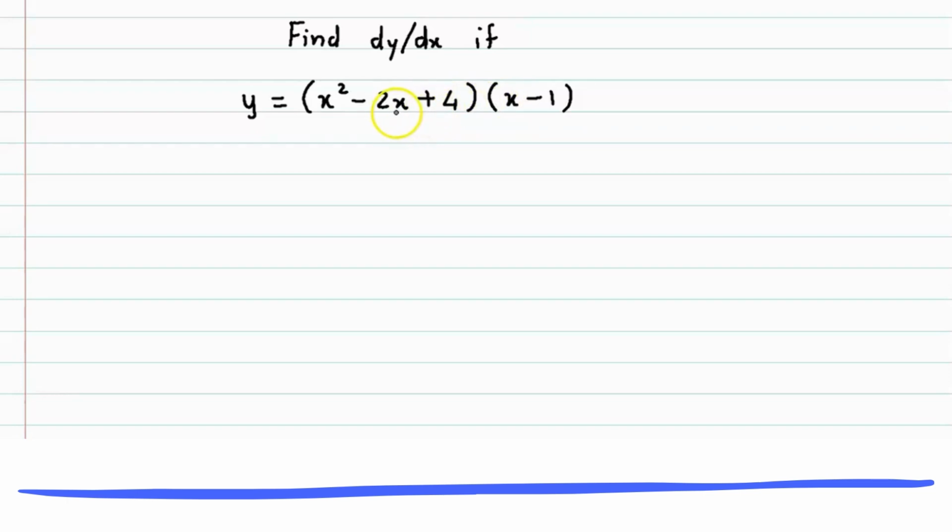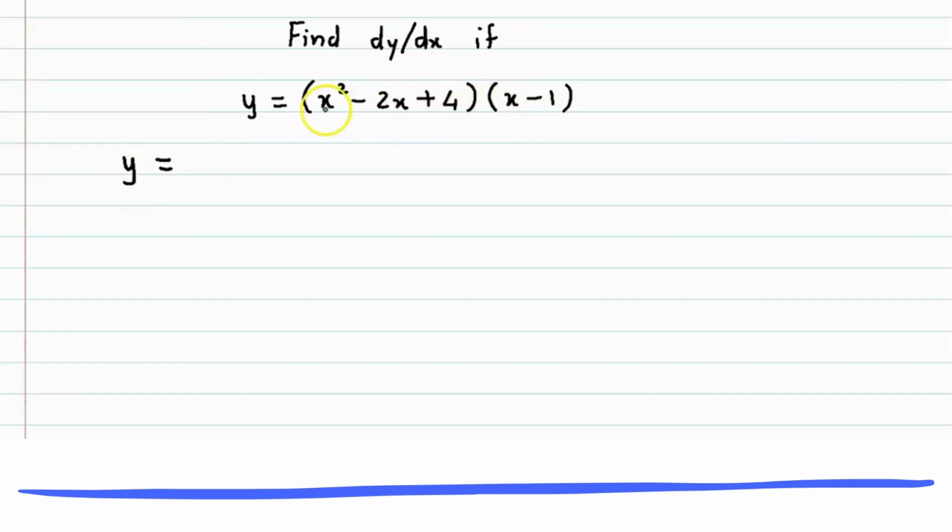The other option is we can apply the multiplication rule and then simplify. So here we'll first simplify and then take the derivatives. So let us simplify this function here.